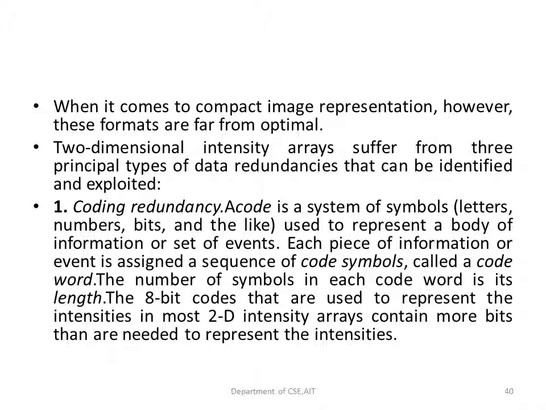The number of symbols in each code word is called the length. The 8-bit codes that are used to represent the intensities in the two-dimensional intensity arrays will contain more bits than are required to represent the intensities. That means it is giving rise to a redundancy in the code. That means we have code which is more than required here.